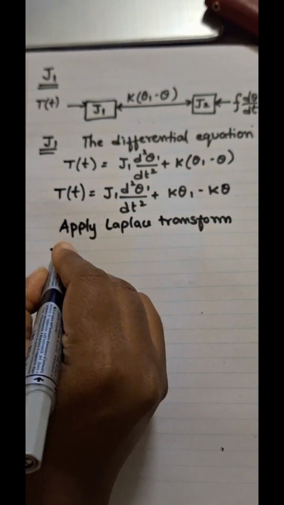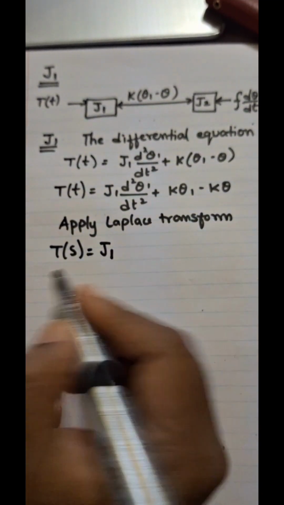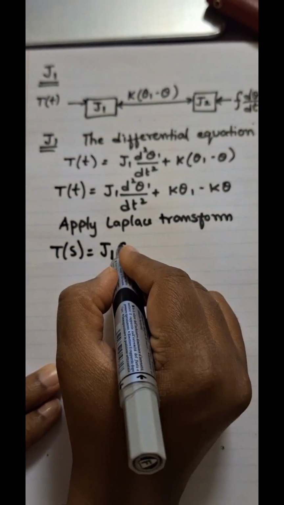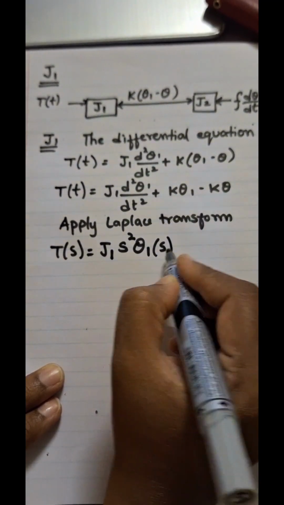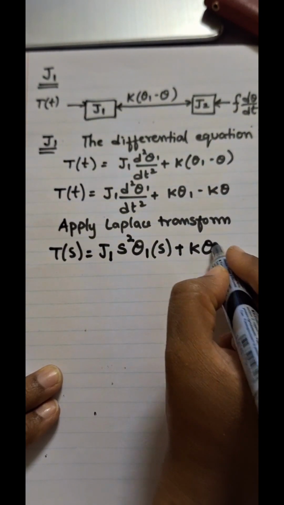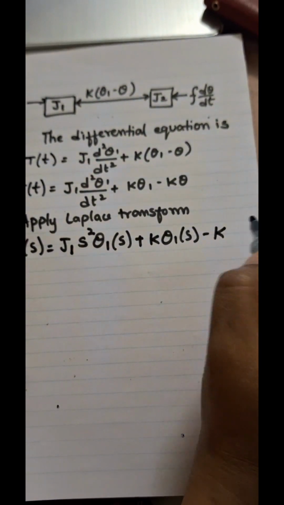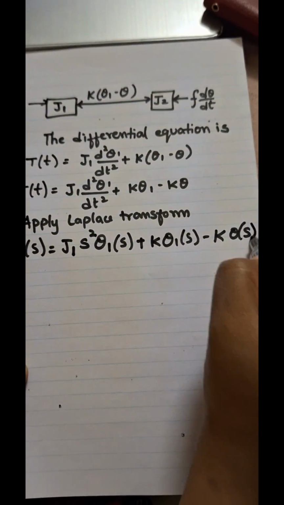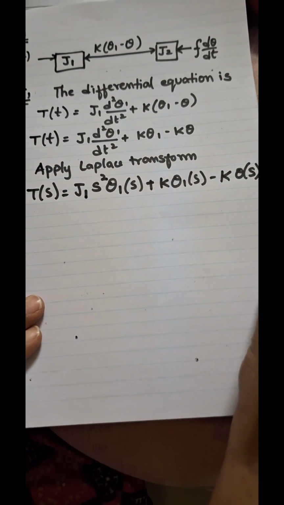So then it will be T of s is equal to J1, because it's the coefficient, d square will be s square, small theta 1 will be capital theta 1 of s, plus K is the coefficient, K will be K, theta 1 will be theta 1 of s, minus K is the coefficient, K will be K, and theta will be theta of s. Clear?